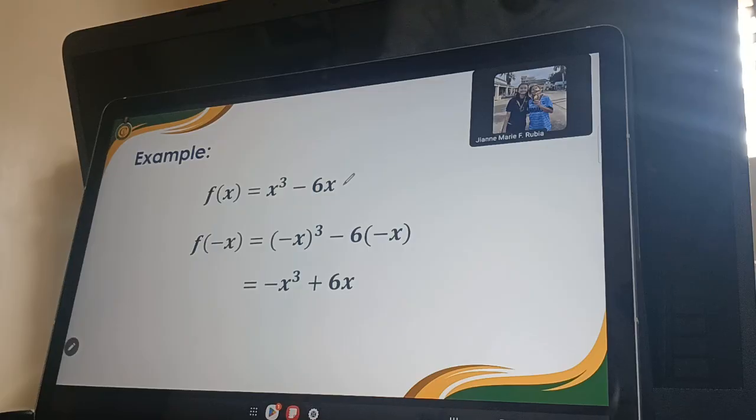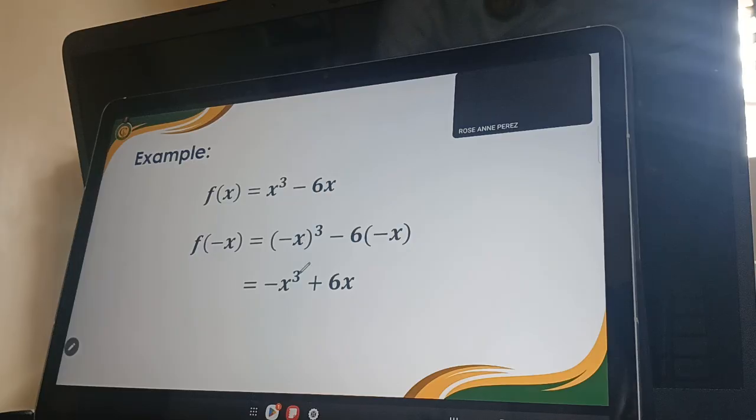So if you're going to check if it is an odd function, make sure it is per term, with exactly the opposite sign per term. As you can see, the first term in our original is positive, and in our answer it's negative. But it's not yet done, so you need to check per term.